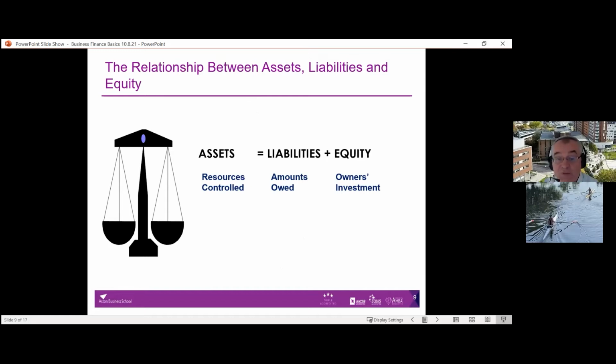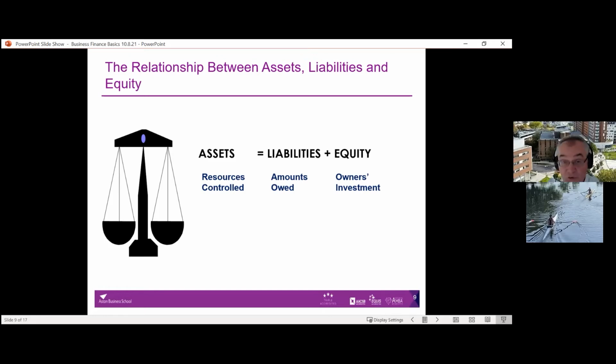It tells us about the organization's assets, which are essentially the resources that the organization controls. It tells us about the liabilities, which are the amounts owed by the organization to other parties. And it tells us about the equity, the owner's stake, the owner's investment in the business.